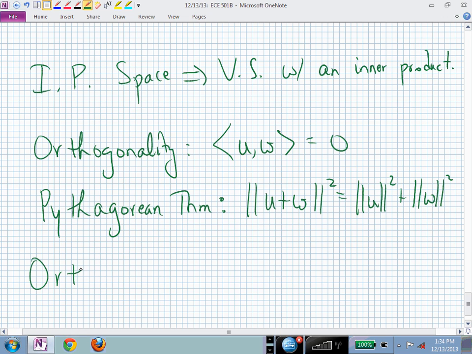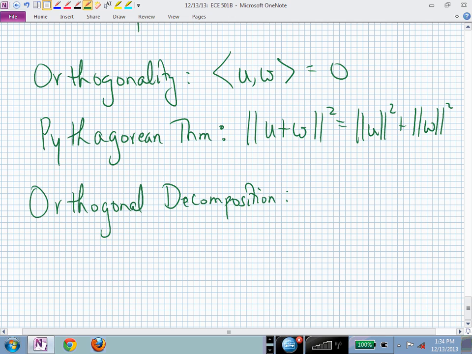Once we have orthogonality, now we can actually write vectors into like an orthogonal decomposition.